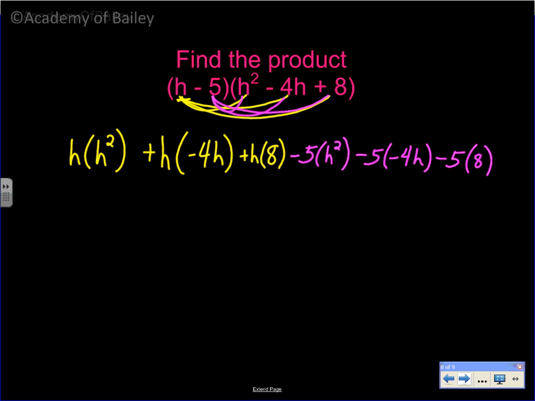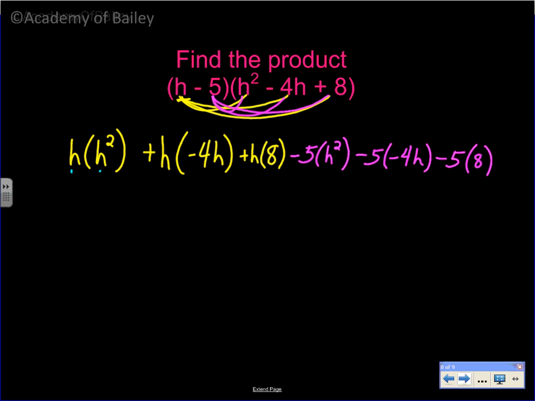Here we go. We've distributed everything in the first parentheses to everything in the second parentheses, and now we just use our multiplication skills and combining like term skills.